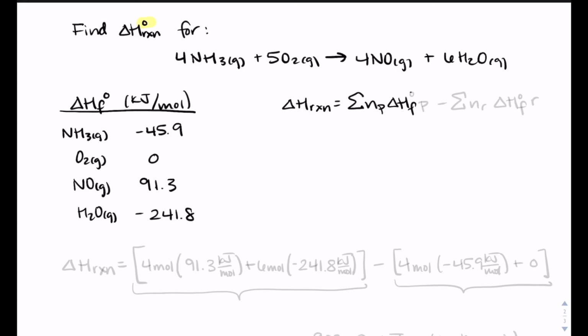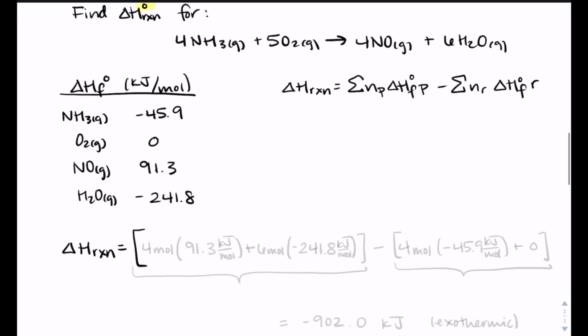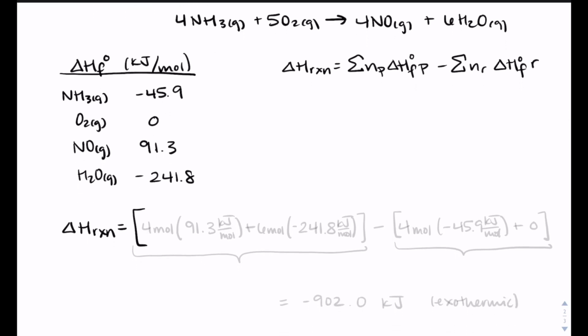So my delta H reaction, just shove a little circle on it, is the sum of the number of moles of products times the enthalpy of formation of the product. That means my first product is NO, and there are 4 of them. So 4 moles times the 91.3 kilojoules per mole that I found for NO, plus my next product is water, 6 moles of water times negative 241.8 kilojoules per mole.